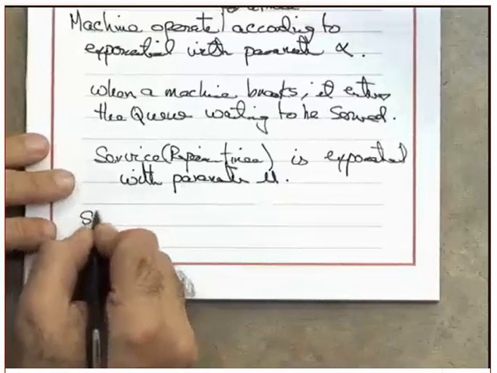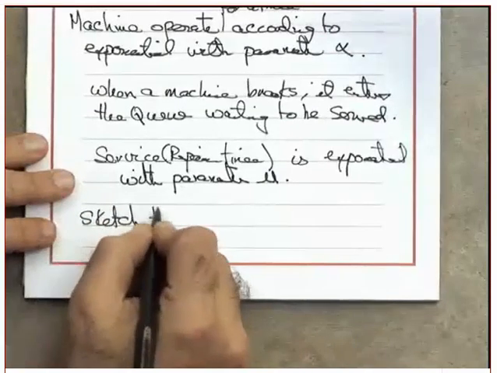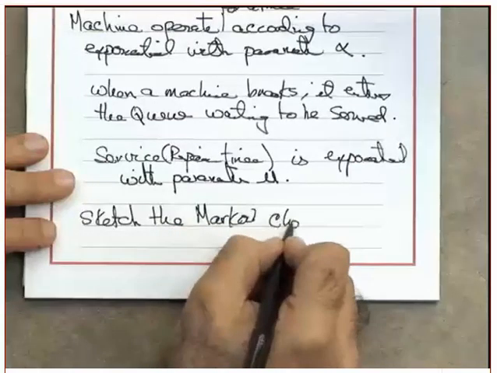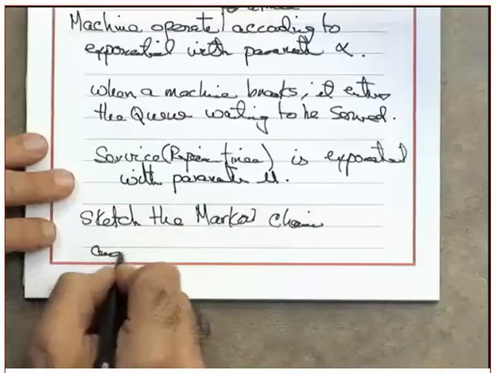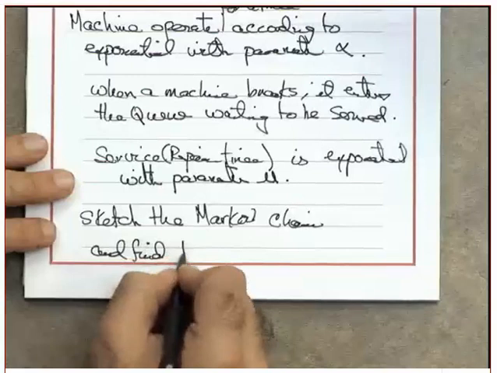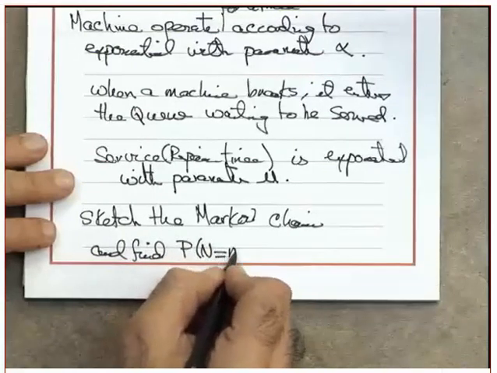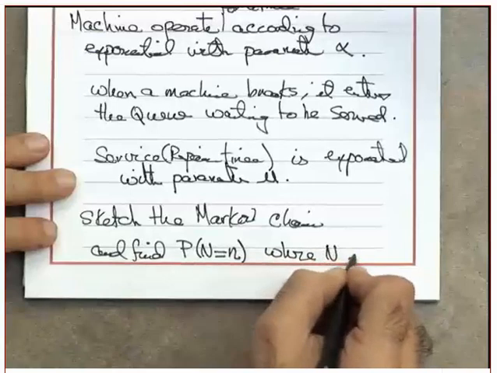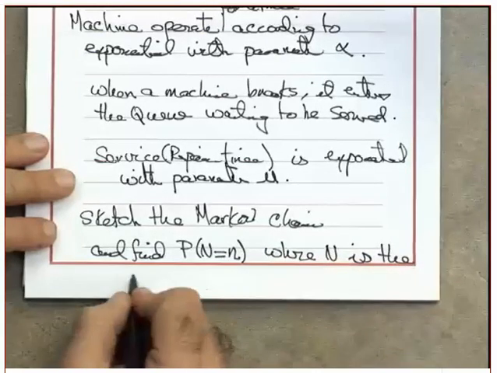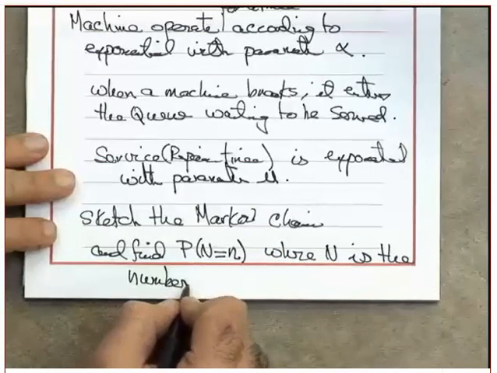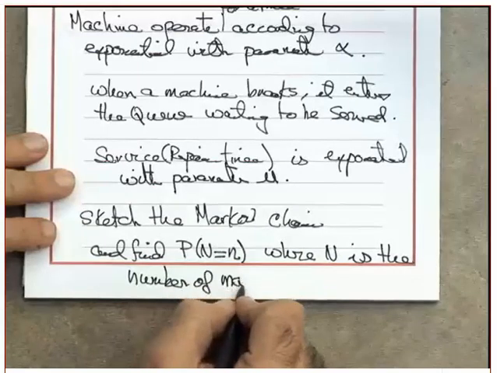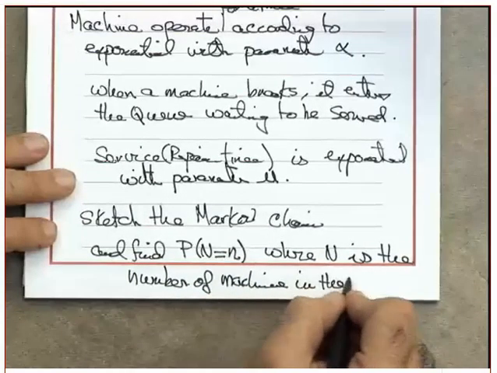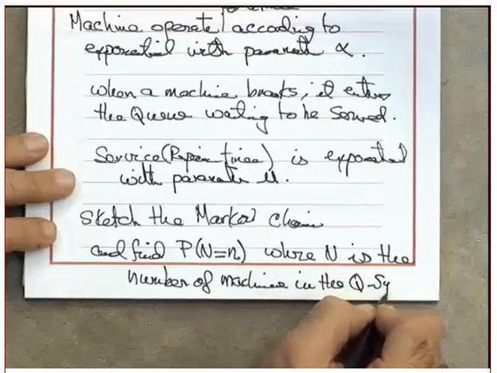Now, sketch the Markov chain and find P_n, where n is the number of machines in the queue system.